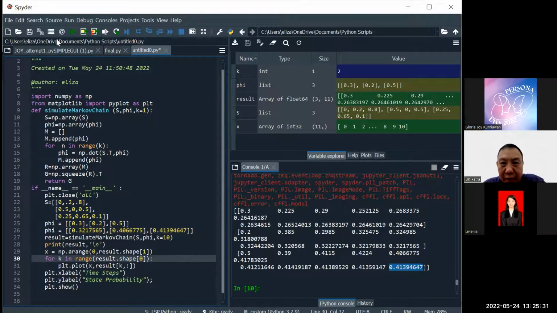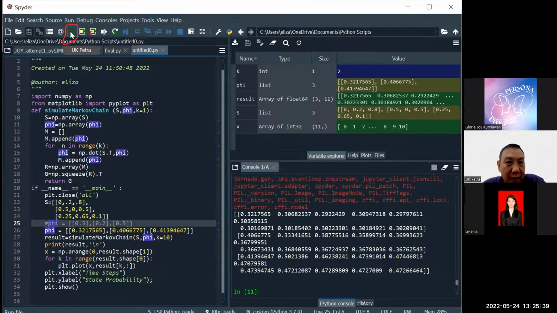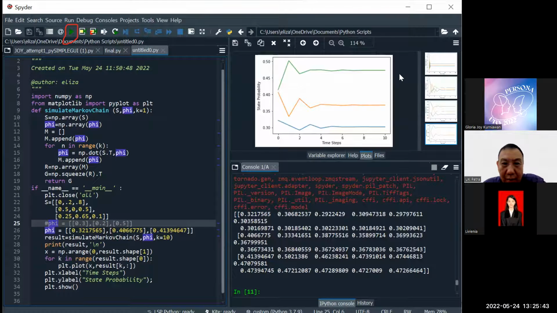Okay, and then when you run this, what happens? You just run this one. Okay, so this is almost stationary.